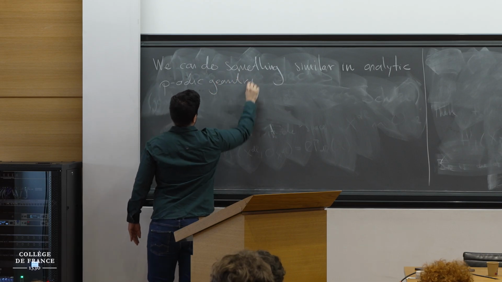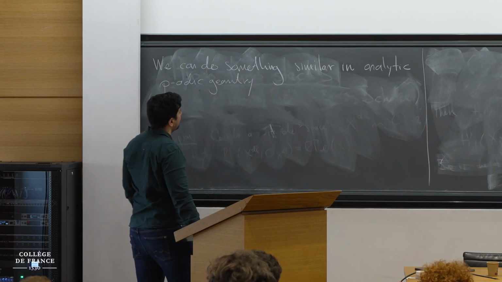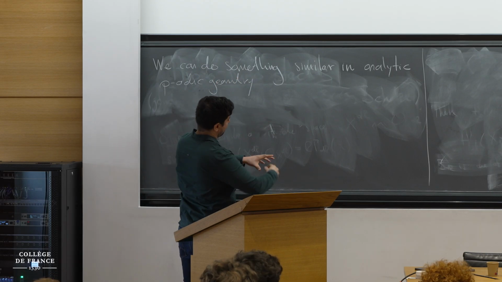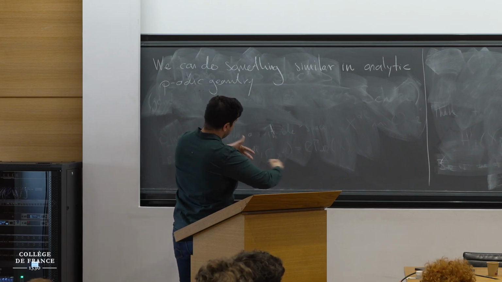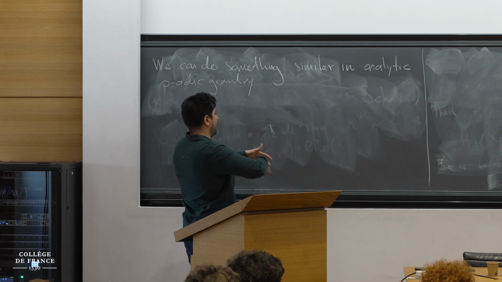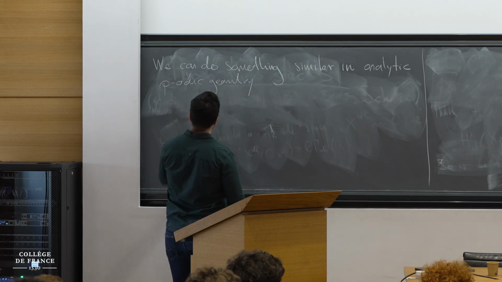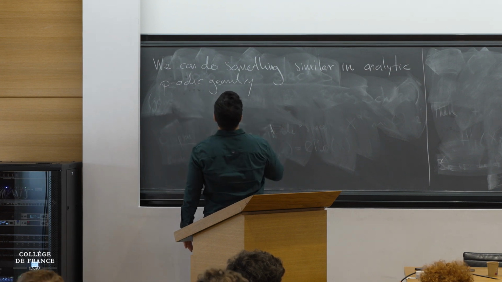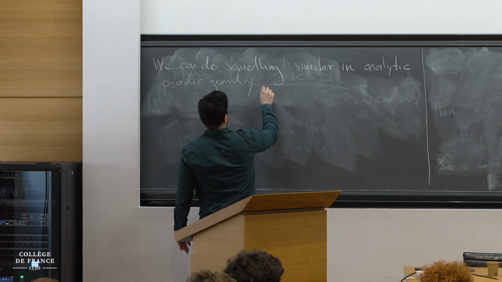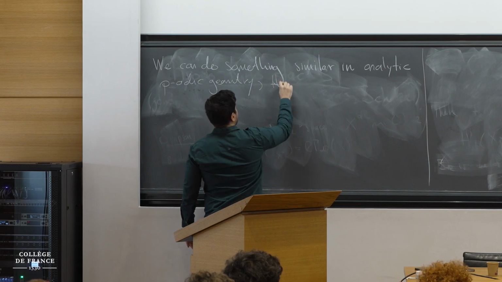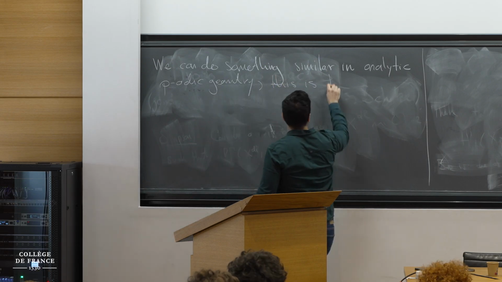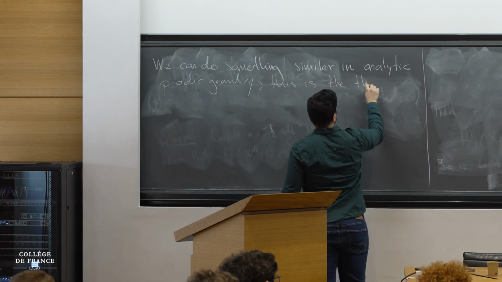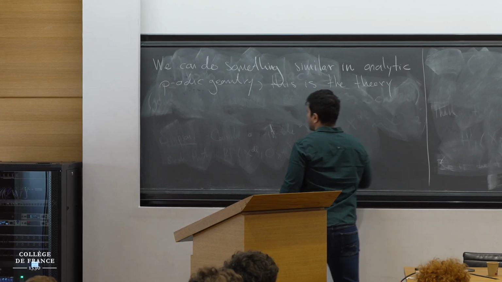And just as a side remark that is not going to be relevant for this course, we can also do the same in the complex setting or even in a mixed characteristic or independent characteristic situation in an appropriate sense. I'm just going to focus on this one. This is the theory of the analytic de Rham stack.